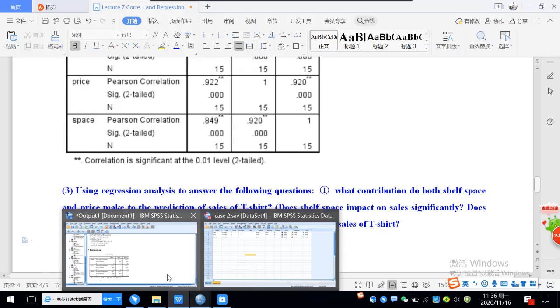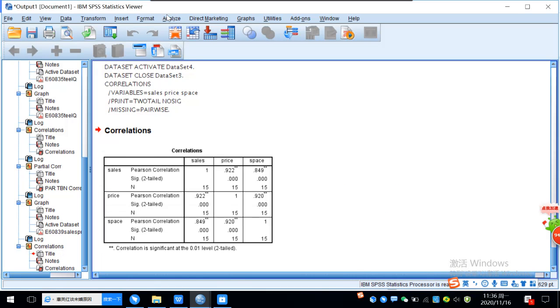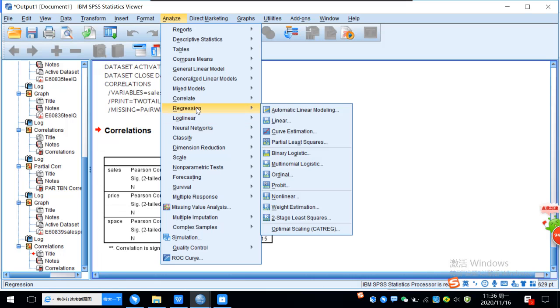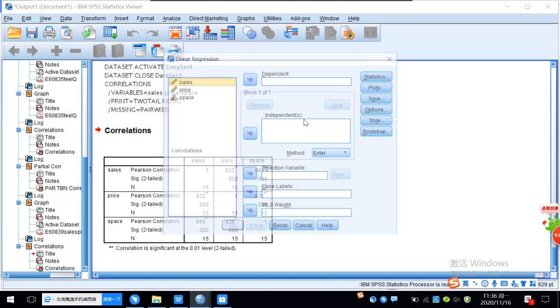Okay, let's look at here. Analyze here, regression. And this time we will use the linear. Why? Because x1, x2, and y, the relationship is linear relationship. So we will use the linear. We want to use it to establish a linear model. Yes, please select linear here.